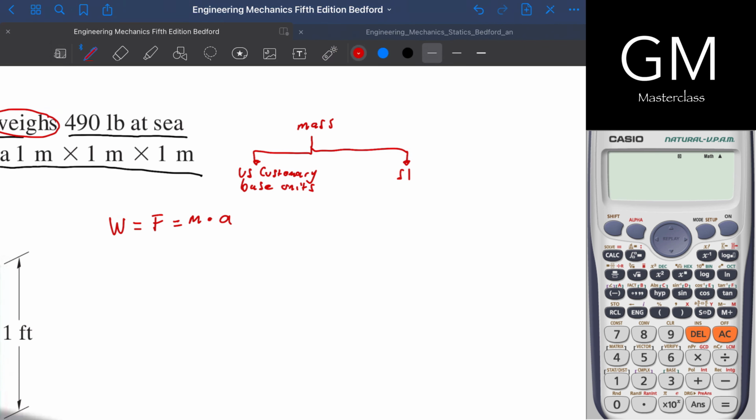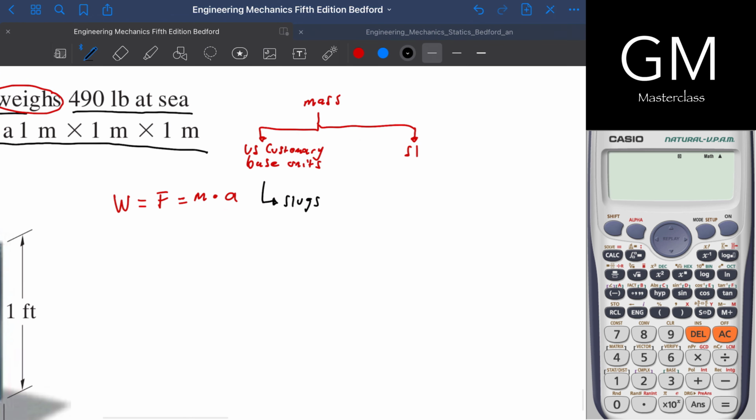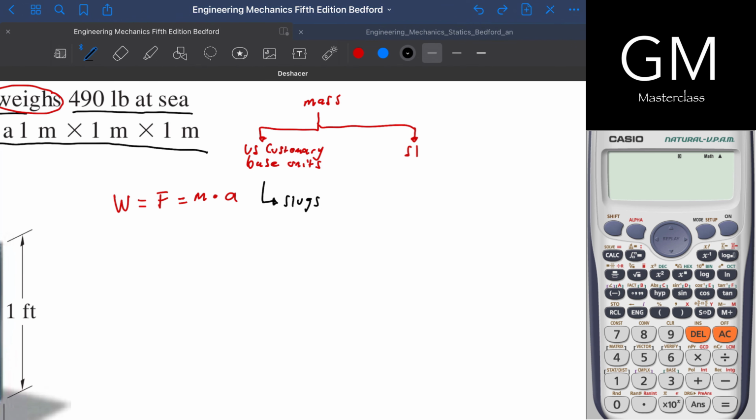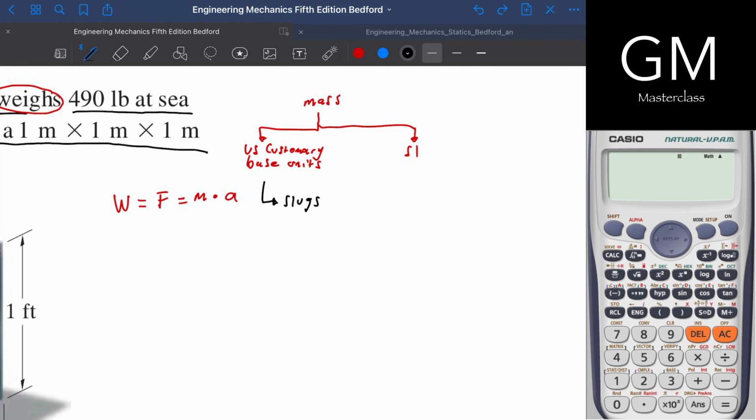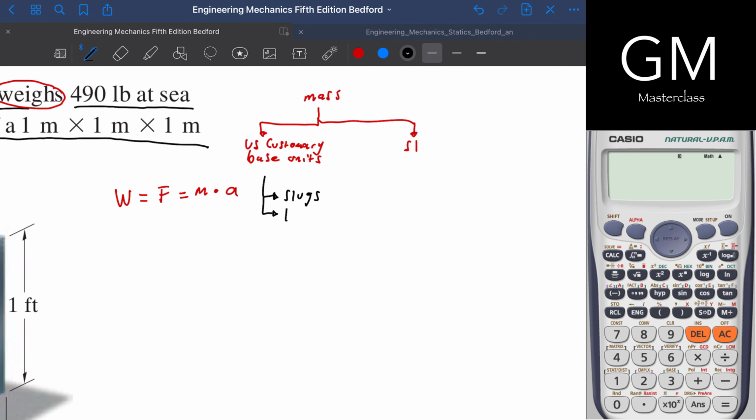So when we talk about a mass in US customary units, we are talking principally about slugs. This is a kind of unit, so there is no mystery there. But there is also one other unit, which is the pound.